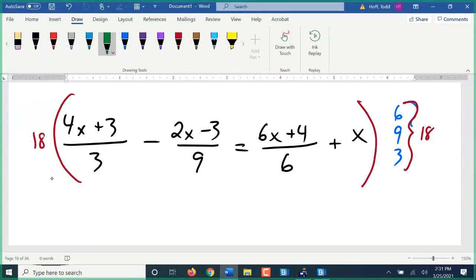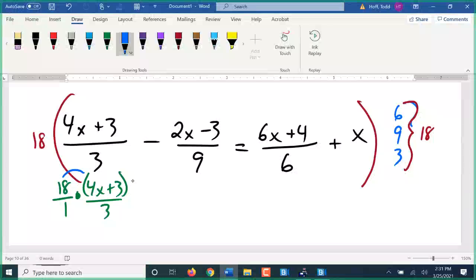Now, if I have 18 times (4x plus 3) over 3, two things have to happen. I'm going to put my 18 over 1, so it's actually a fraction. And that numerator has to be put in parentheses. 4x plus 3 is in parentheses. So when I multiply, I've got 18 times 4x, that is 72x, and 18 times 3, which is 54, and 1 times 3 is 3.